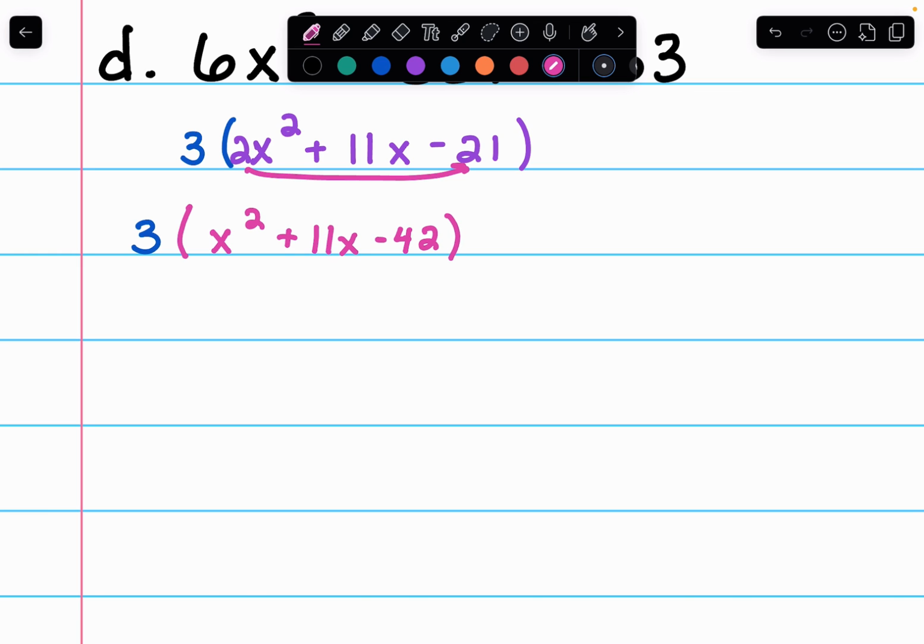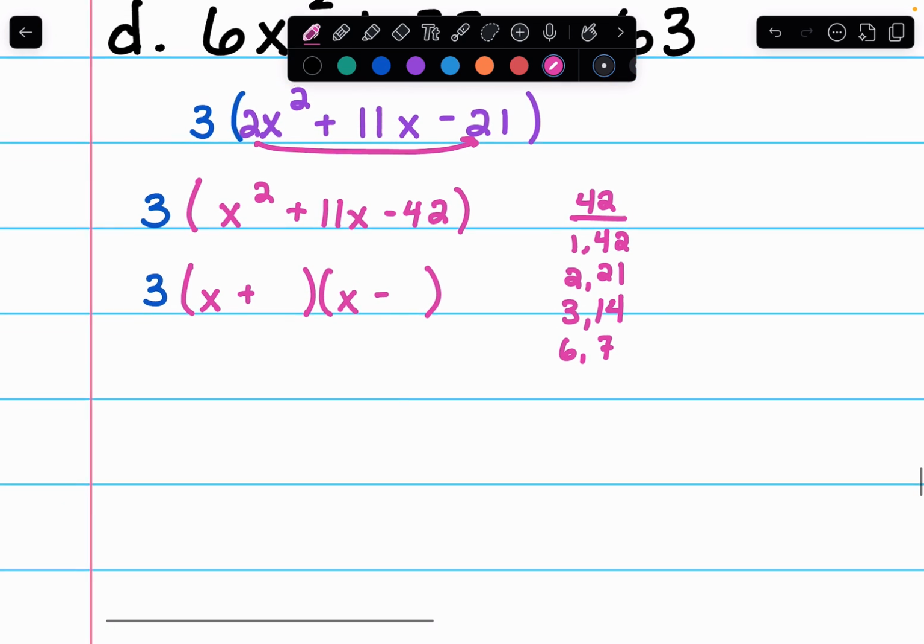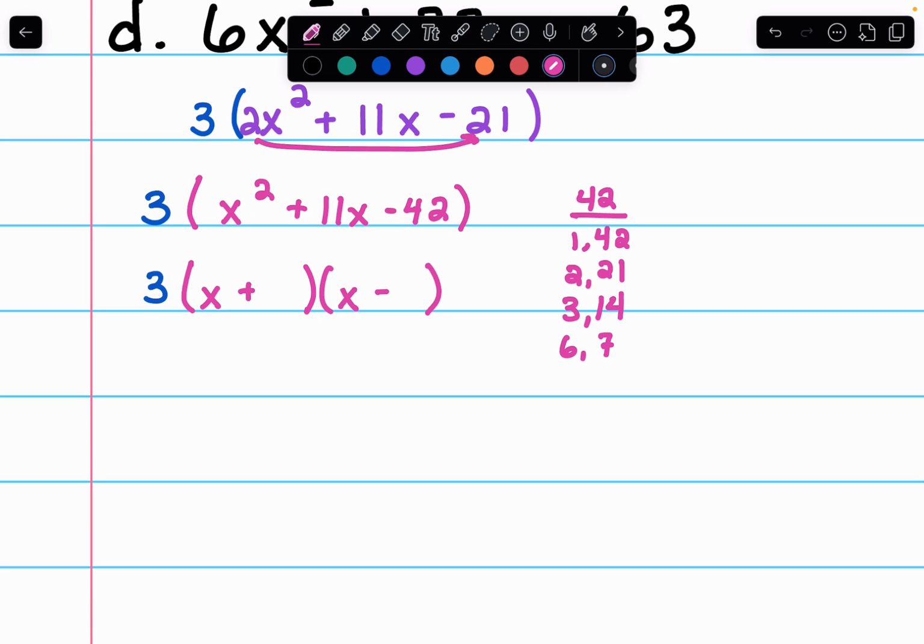And then I need the factors of 42 that add to 11. So we have x and x, because now we have an easy trinomial, different signs. If we think about 42, you have a calculator, so you can use it. Okay, and then 14 and 3, if you subtracted those, that would give you 11, right? So 14 and 3.